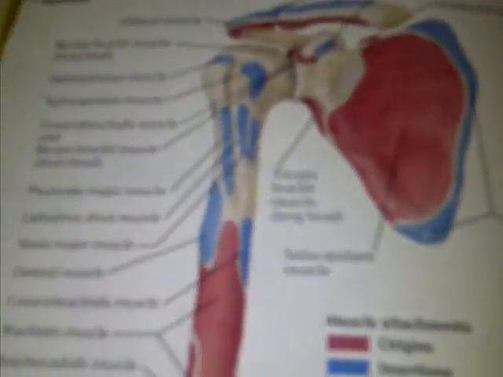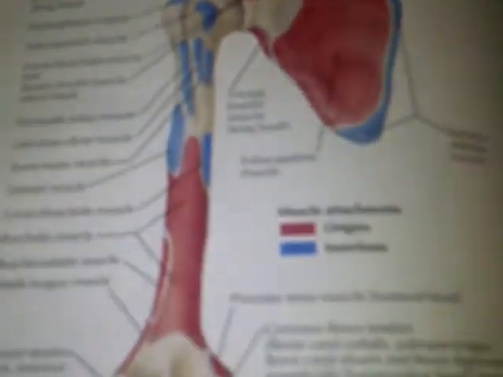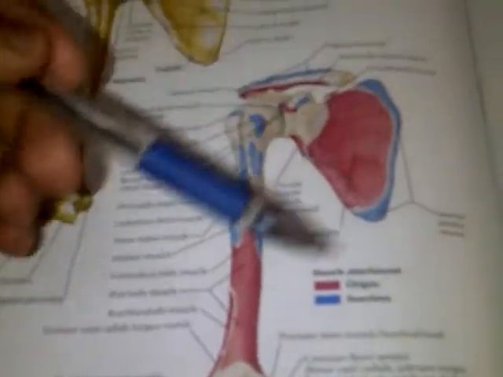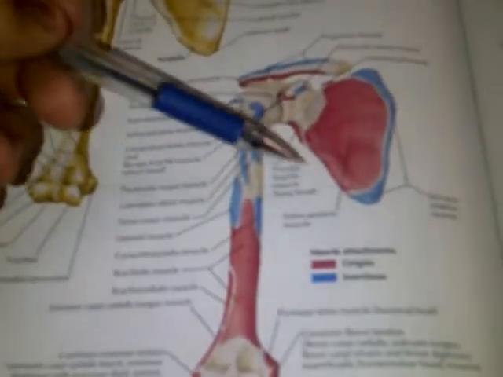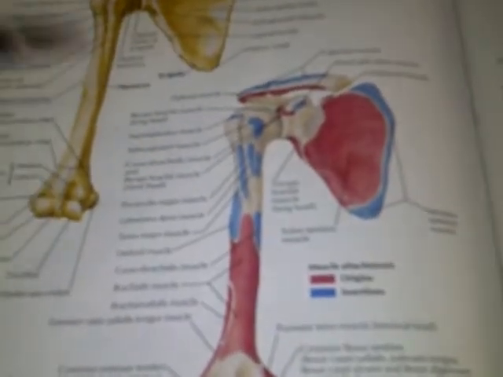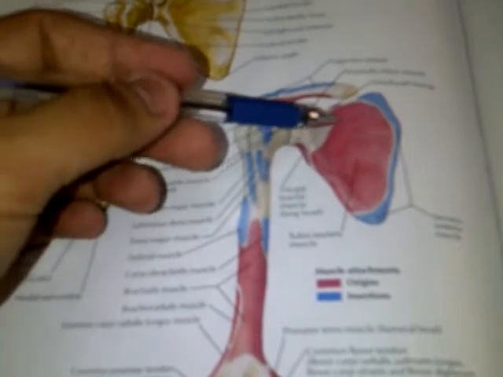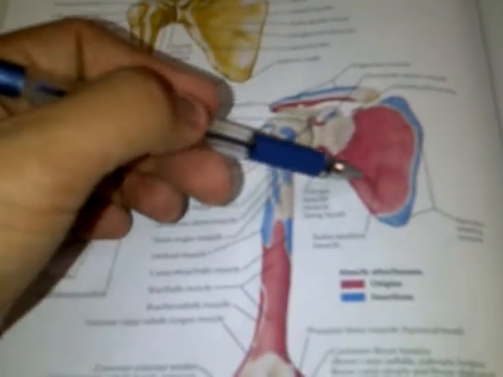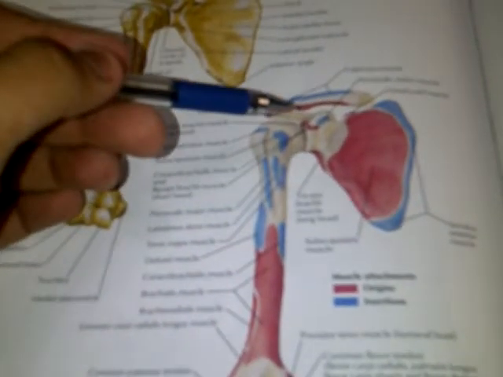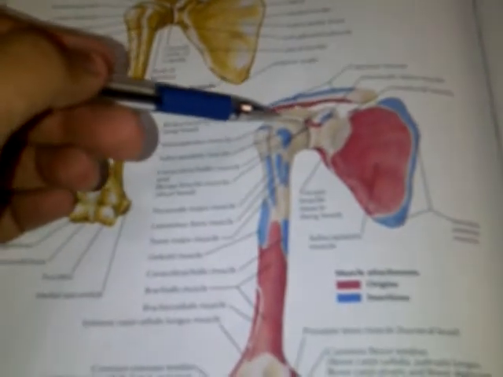Now, here is more specifically. Here's the anterior part of the upper limb. Here's the scapula. Here's the anterior part. Look, here is where the subscapular muscle originates from. Here is where the deltoid muscle originates from.